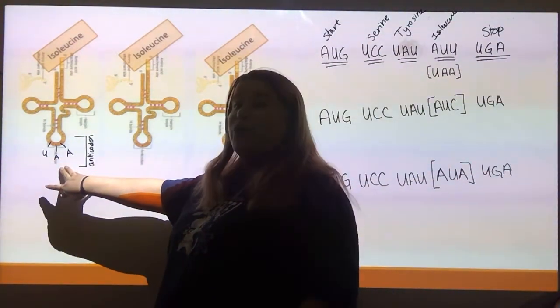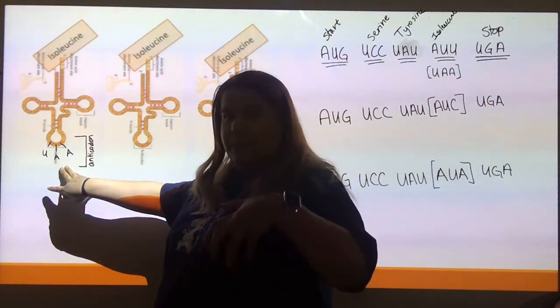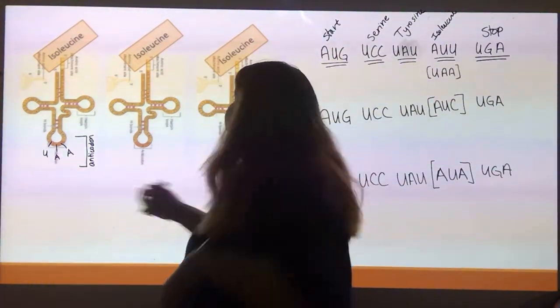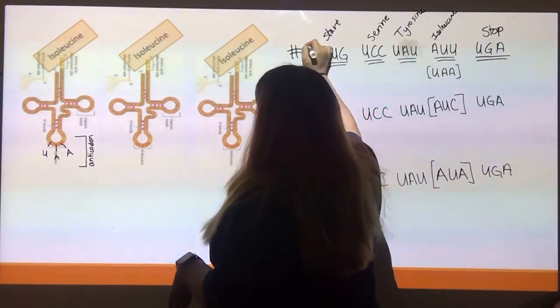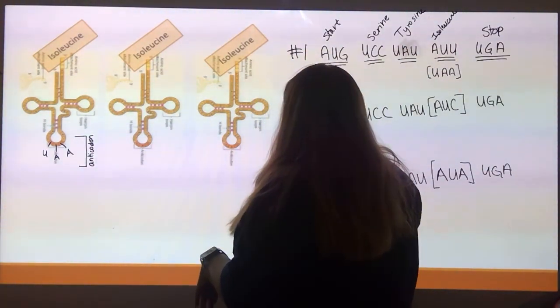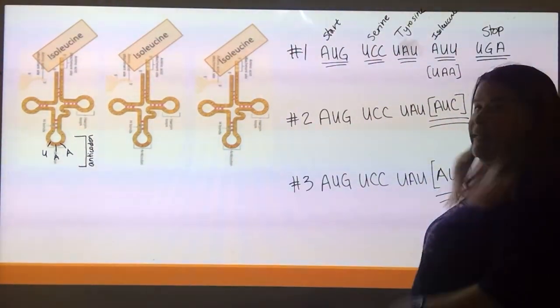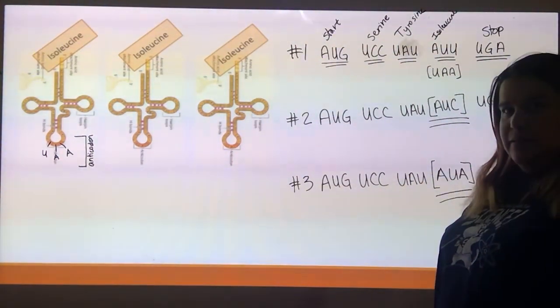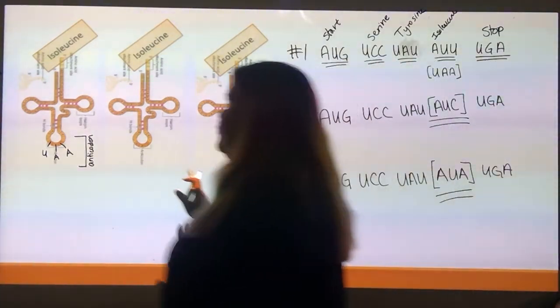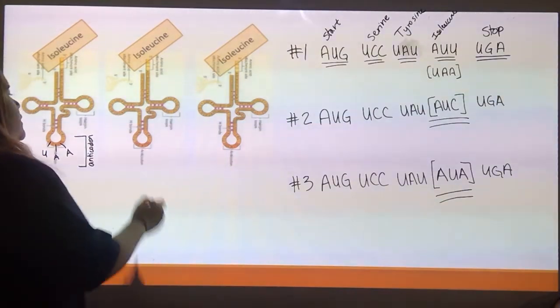This will not work for AUA either, as an anticodon to complement the sequence in sequence number 1. Do I still need isoleucine in both of these? Yes, but I need a different transfer RNA that still carries isoleucine.